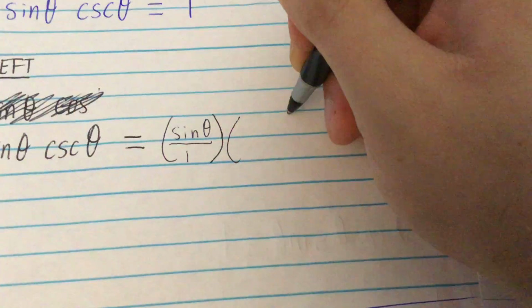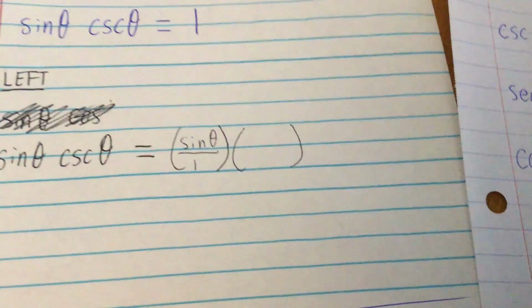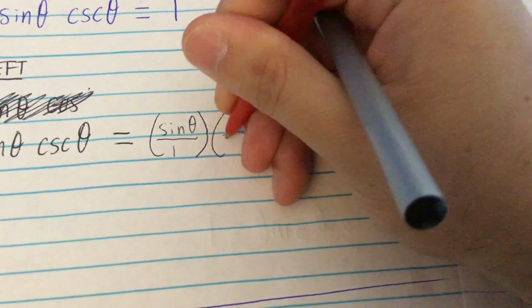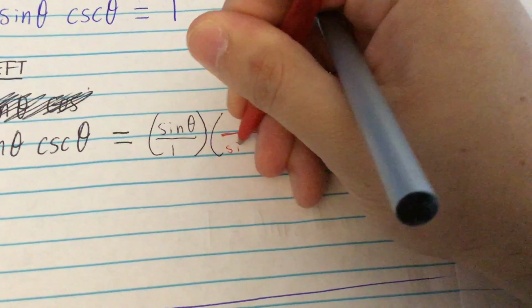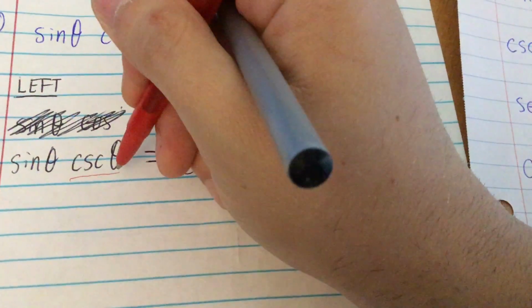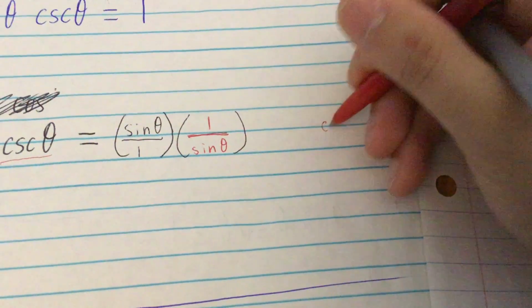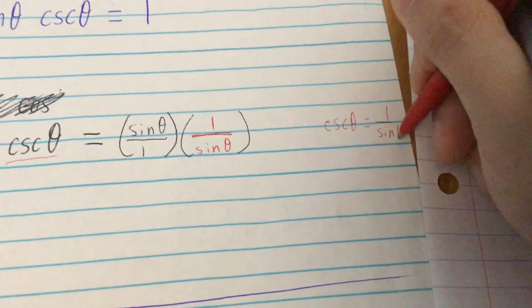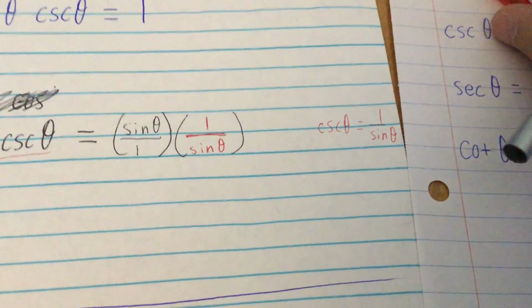But I know that cosecant of theta can be rewritten as 1 over sine of theta. And I'm just going to highlight that part right there, that you're important because you can be transformed. By definition, cosecant of theta is equal to 1 over sine of theta. I'm citing my source because you guys know what I'm doing.